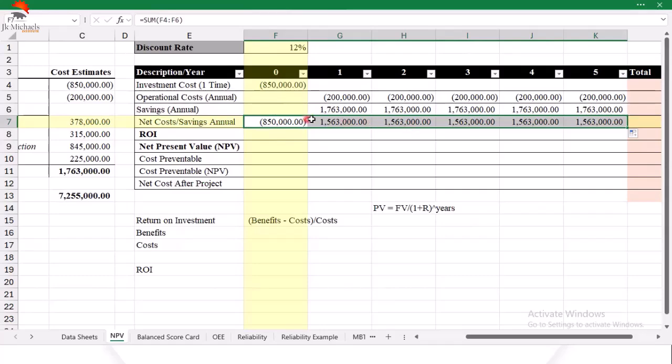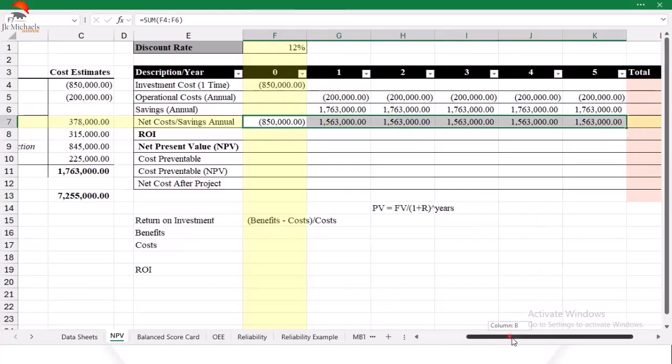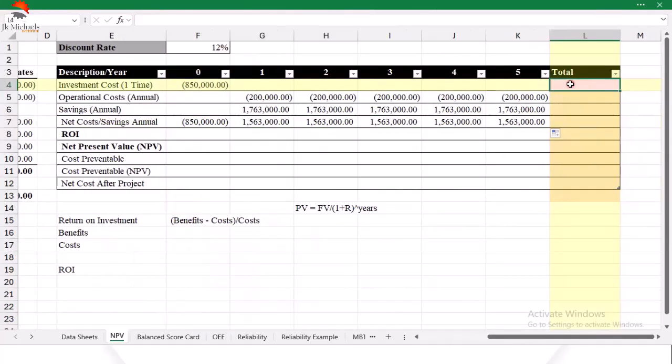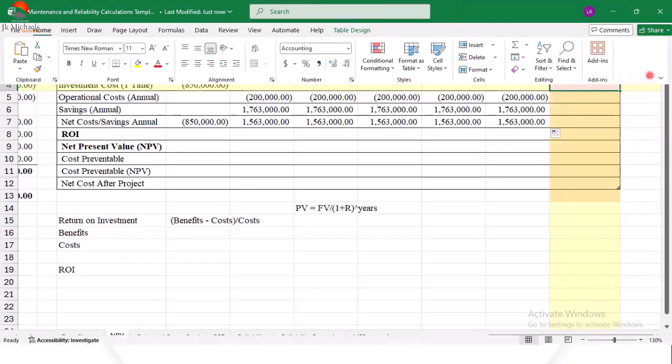1,563,000 US dollars. Another very fantastic thing we can do can be to sum this up towards the end of the sheets.